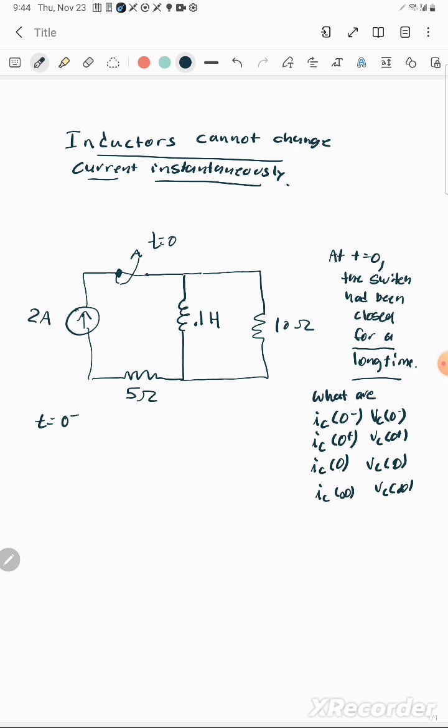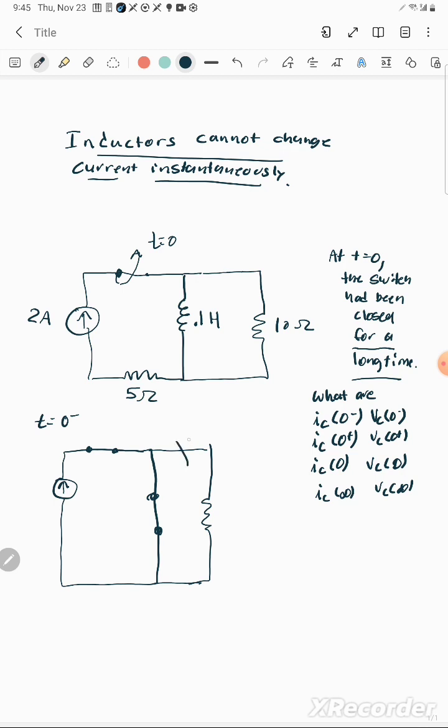So what did the circuit look like right before you opened the switch? Well, it had been closed for a long time, so that means that the inductor has had time to reach steady state, which means it will act as a short circuit. So that's what's happening. So this is t equals 0 minus, which also means that if the inductor is acting as a short circuit, no current is flowing through this side.